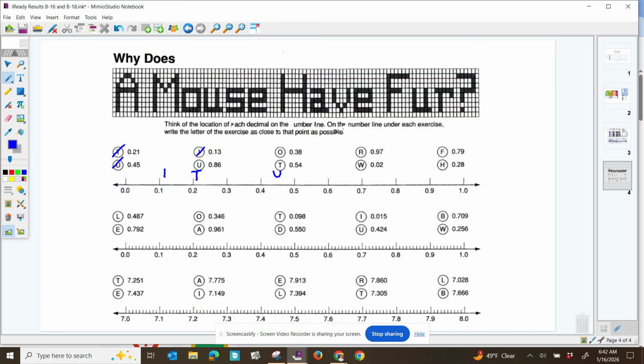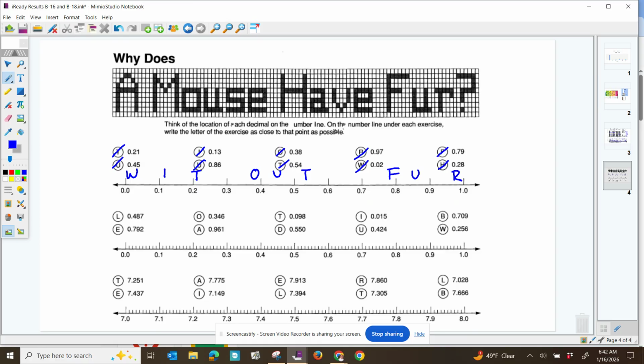A U at 0.86, U is right there. O at 0.38, T at 0.54, and R at 0.97. W way down here. 0.79 is an F, and 0.28 is an H.